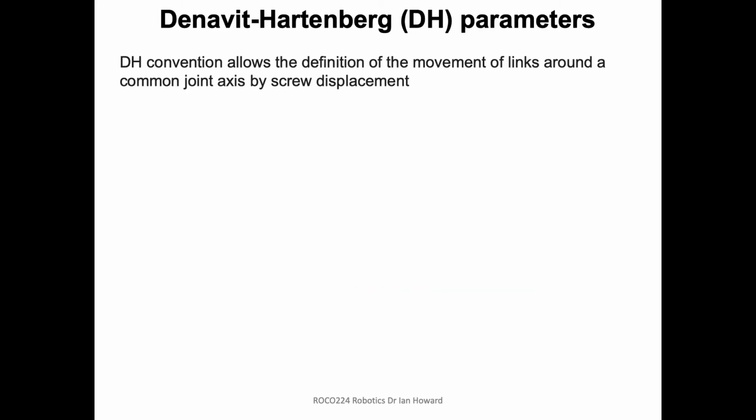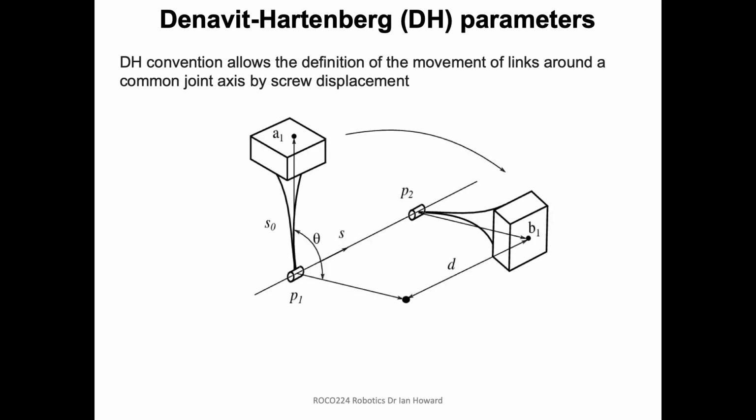Like I said, basically the idea of Denavit-Hartenberg is to let you define joints on the basis of what's called two screw displacements. So it's going to be a rotate and shift, a rotate and shift. The idea of a screw displacement is you're rotating round and you're also moving.